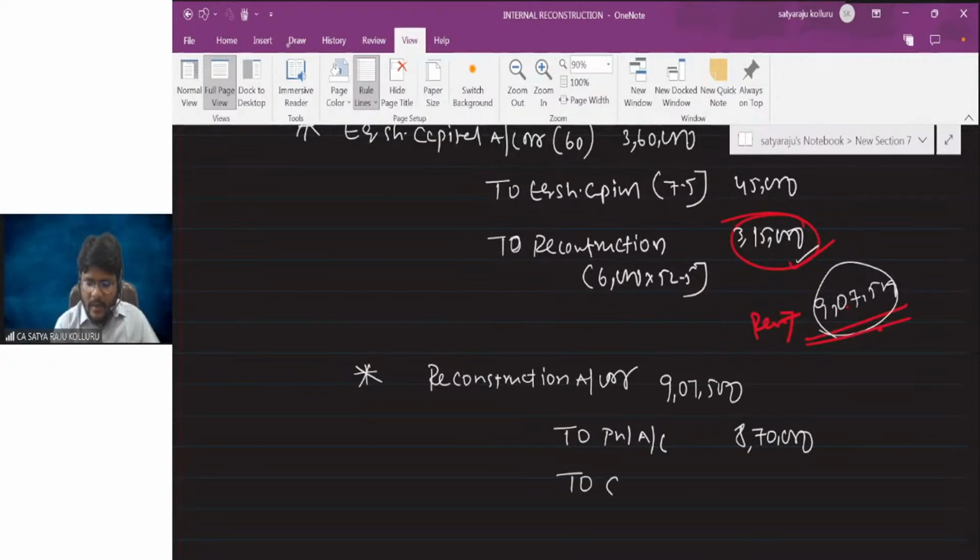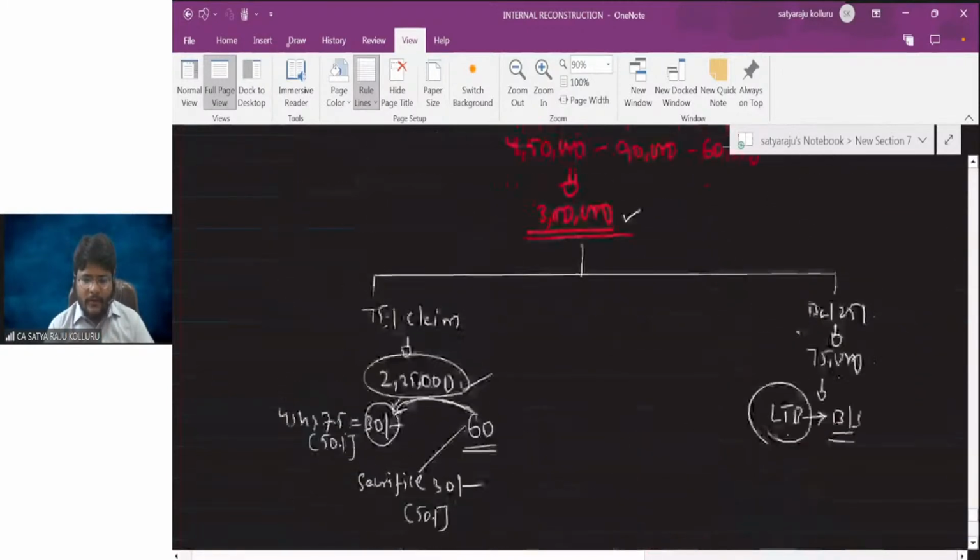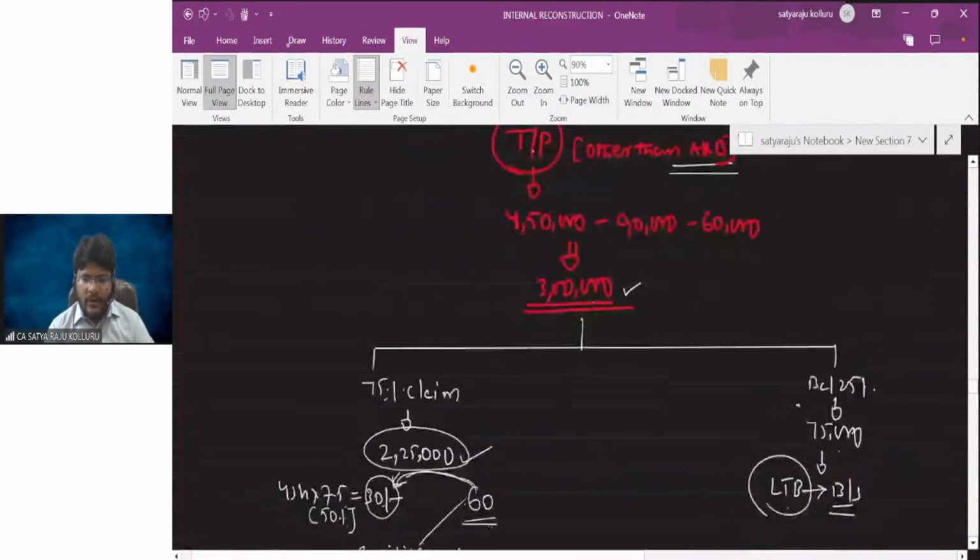What about the remaining balance? I should transfer it to capital reserve. That is 37,500 will be the capital reserve. This is the final entry you should do. Now, sir, so many persons are asking a doubt regarding this adjustment.